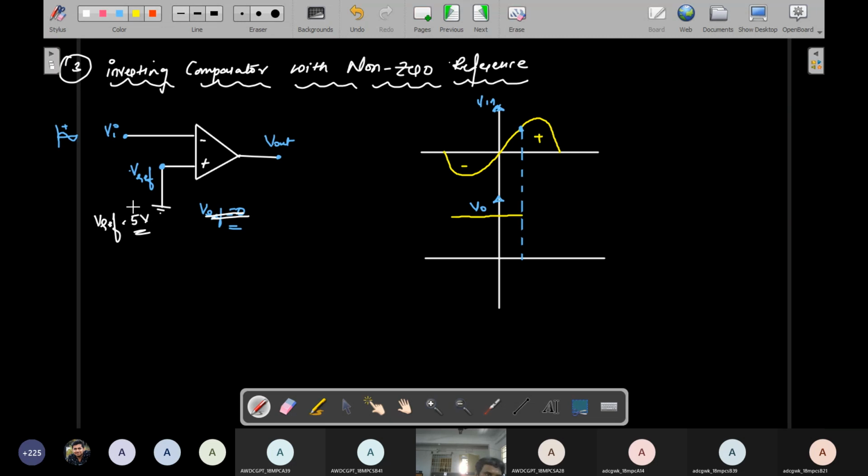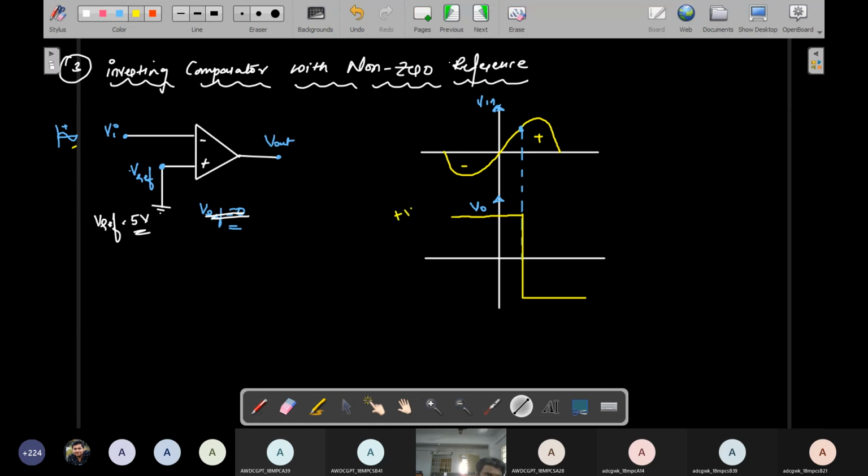Once it reaches your reference voltage, then only it changes like that. Understand? And if you consider the negative peak, now it looks like a positive saturation. So positive becomes negative saturation and negative becomes positive saturation.